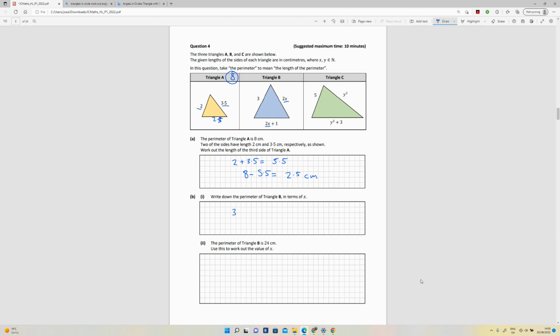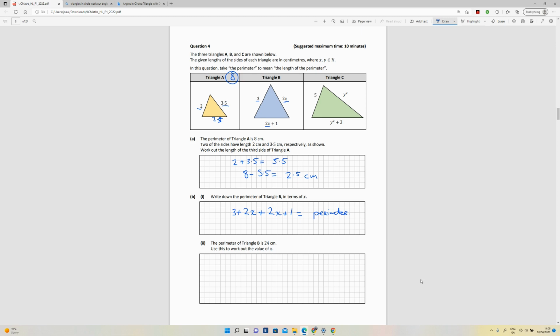So we know that 3, which is this one here, plus 2x, which is that side there, plus 2x, plus 2x plus 1 is equal to the perimeter. I don't know what that value is, but it is a number.